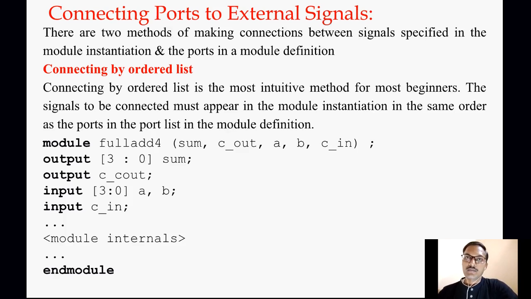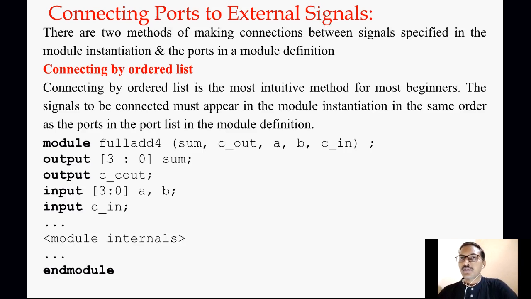For example, module fulladd4 in brackets sum comma c_out comma a comma b comma c_in, bracket complete, semicolon. When we are defining this, we follow how we have defined this port list, so in the same order we declare the ports.